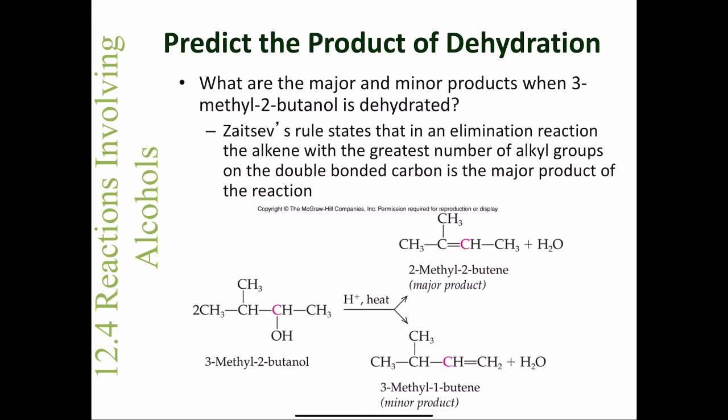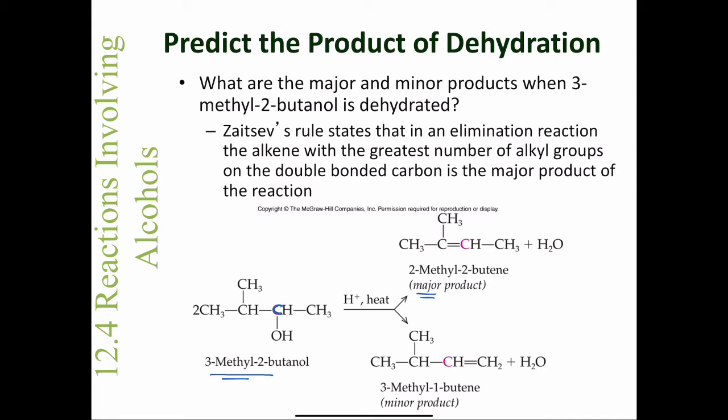It says here, what are the major and minor products when 3-methyl-2-butanol is dehydrated? Well, again, Zaitsev's rule states that in an elimination reaction, the alkene with the greatest number of alkyl groups on the double bonded carbon is the major product of the reaction. So here we have the carbonyl carbon, I'll highlight it in blue. If you look at the major product on the top, okay, you go to the neighboring carbon.